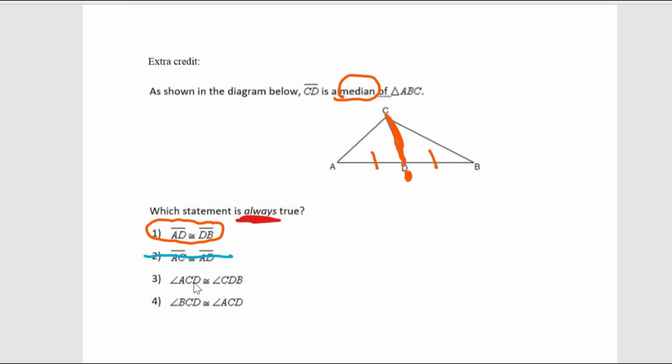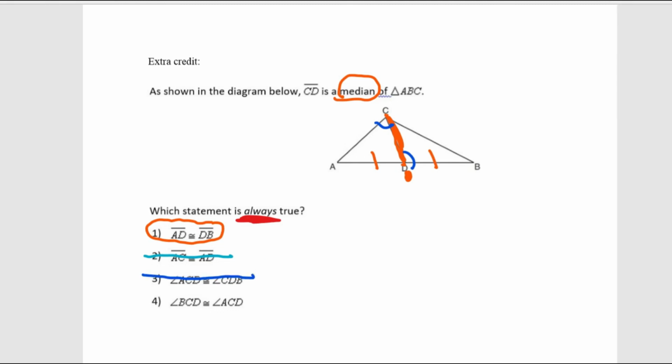All right, ACD. Okay, I was right the first time. So they're saying that ACD is equal to CD. I don't know. Based on the definition of a median, they don't talk about that in that definition. Remember, when you median break up into two line segments, so that's out.